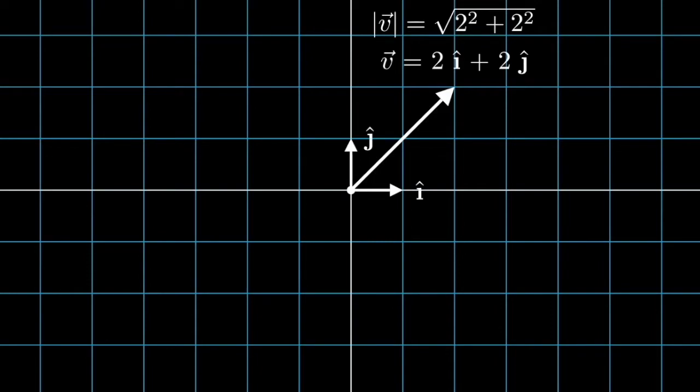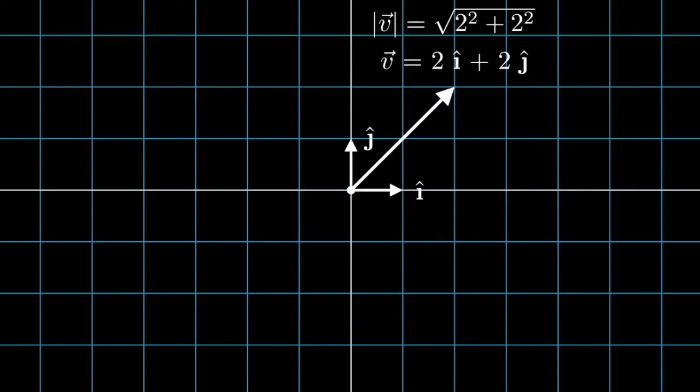Here, v is a linear combination of our basis vectors i hat and j hat. We take each basis vector, multiply it by a number, and add the results together. In 3D Cartesian space, we have i hat for the x-axis, j hat for the y-axis, and k hat for the z-axis.